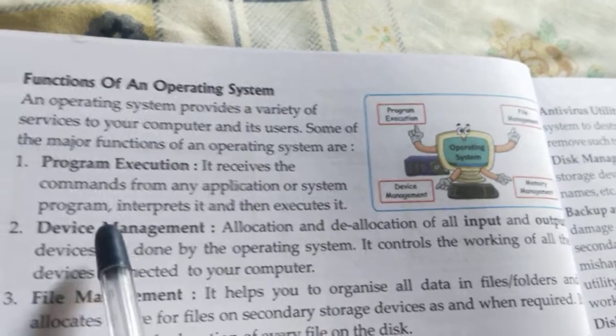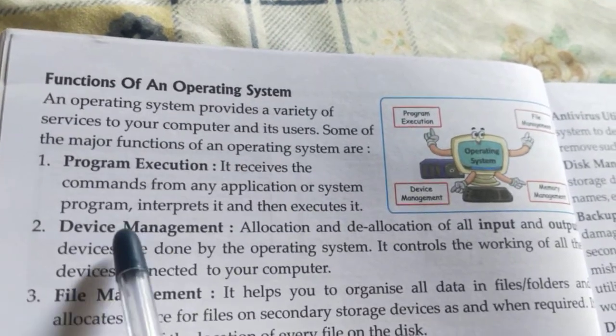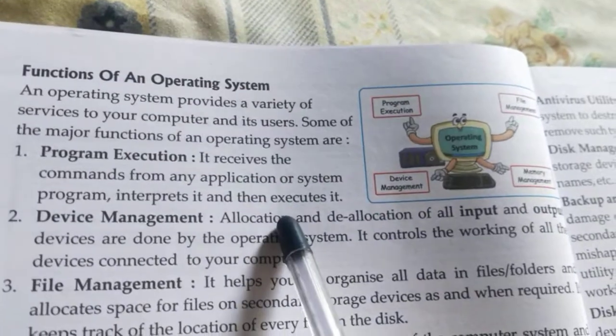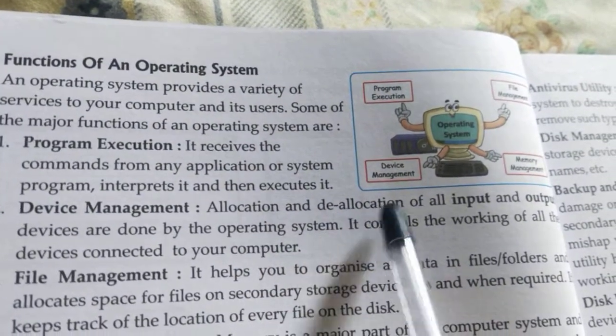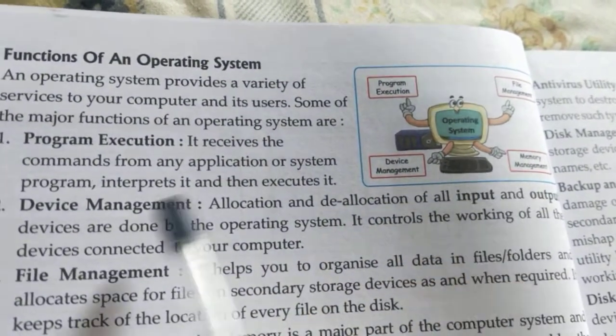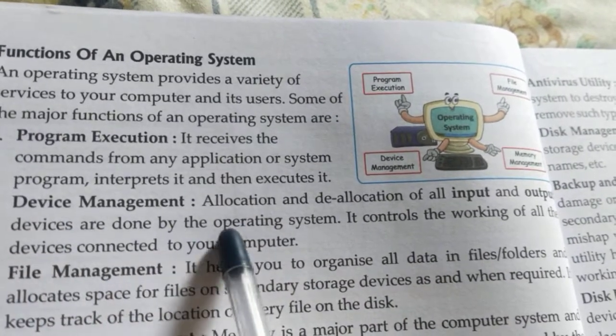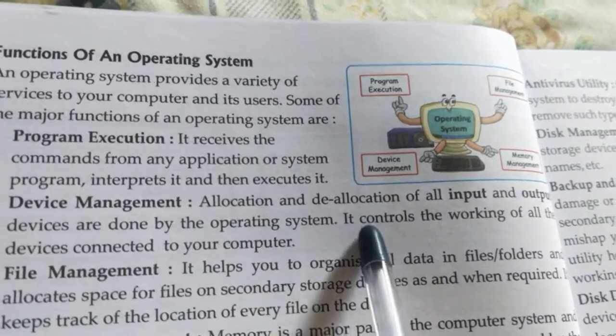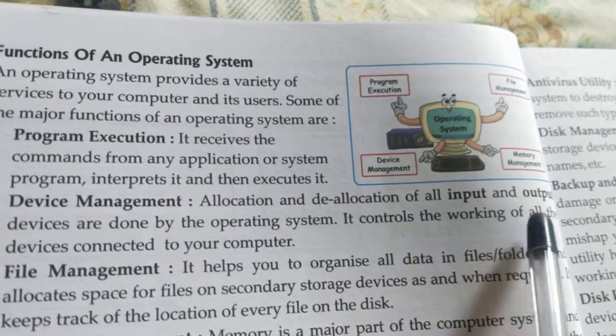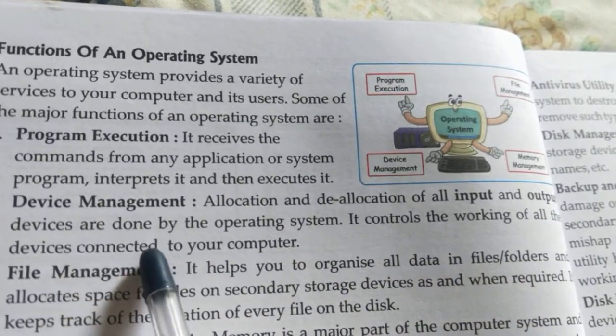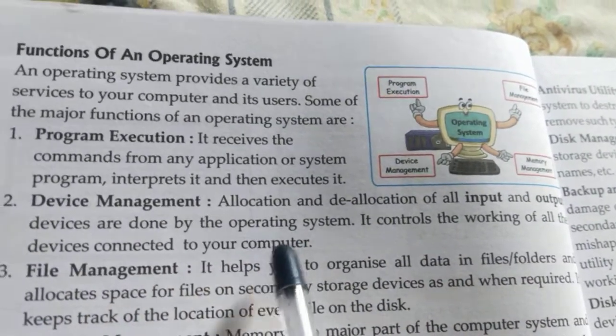The second function is device management. Allocation and deallocation of all input and output devices are done by the operating system. It controls the working of all the devices connected to your computer.